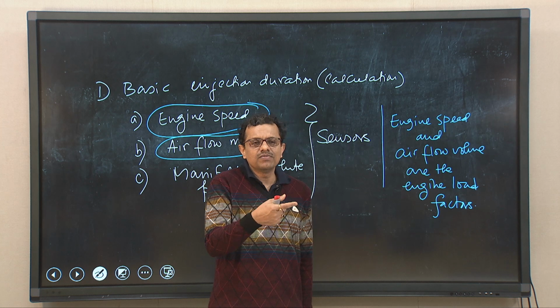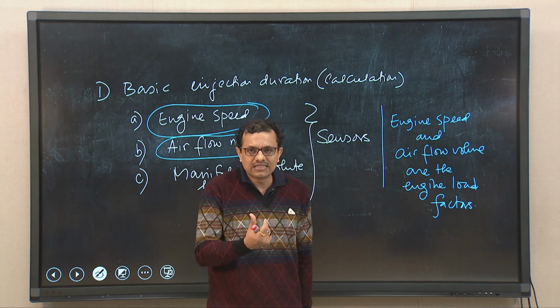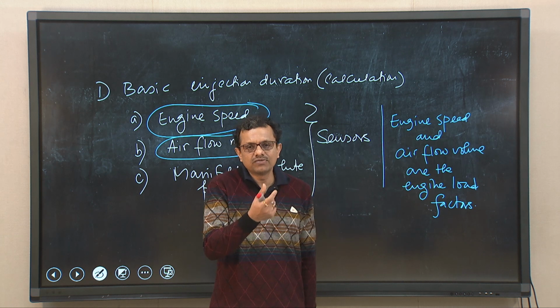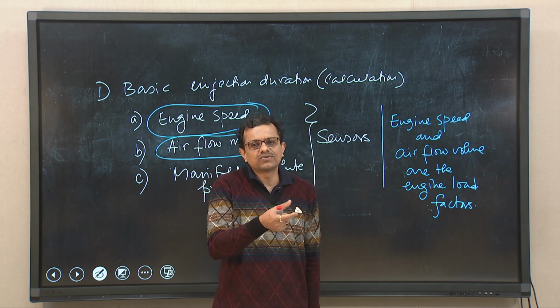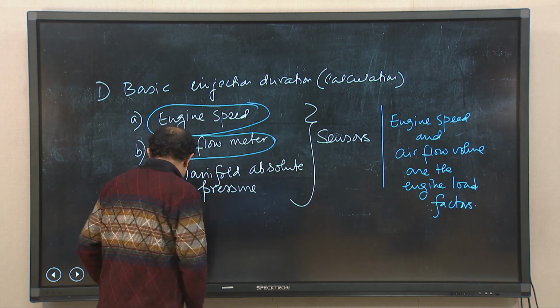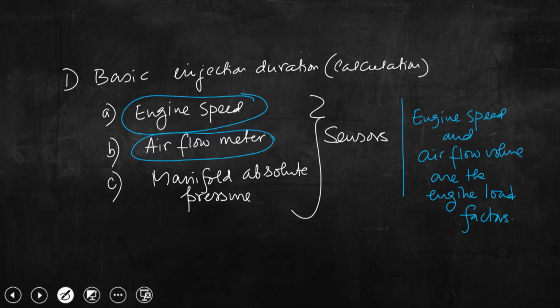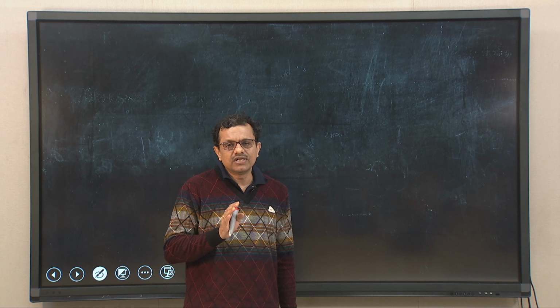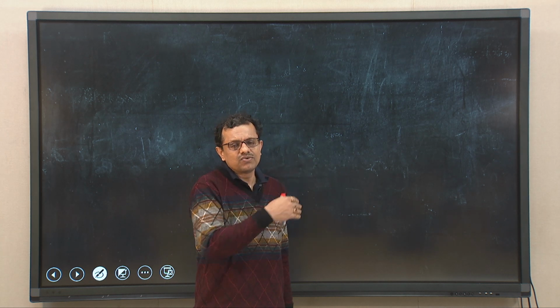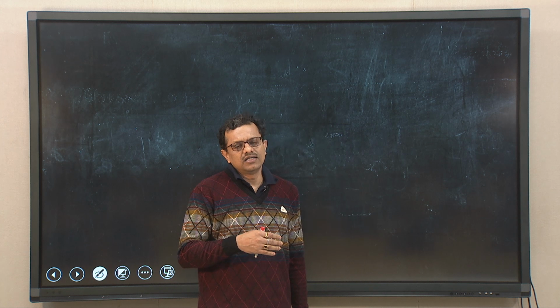If more air is drawn into the engine cylinder, then to burn that, assuming that the ratio is always stoichiometric, more fuel should be supplied. So, these two parameters are very important, and as either of them increases, injection duration is increased. It is important to mention here that the electronic control unit cannot operate if any one of these two quantities is faulty.